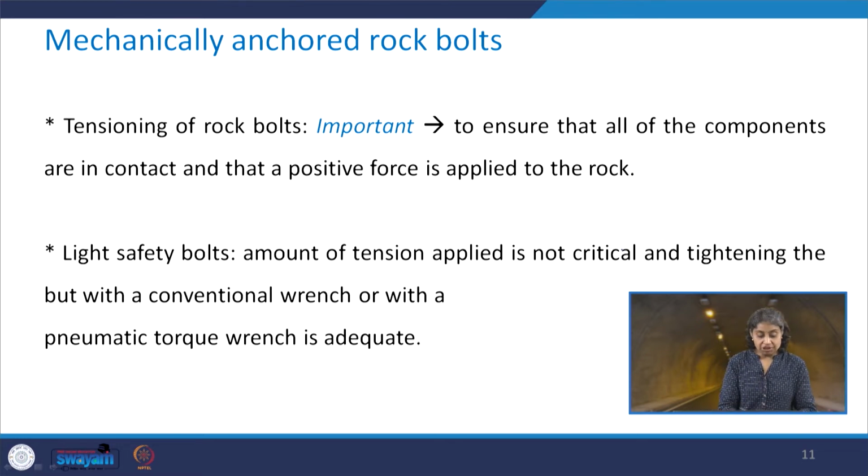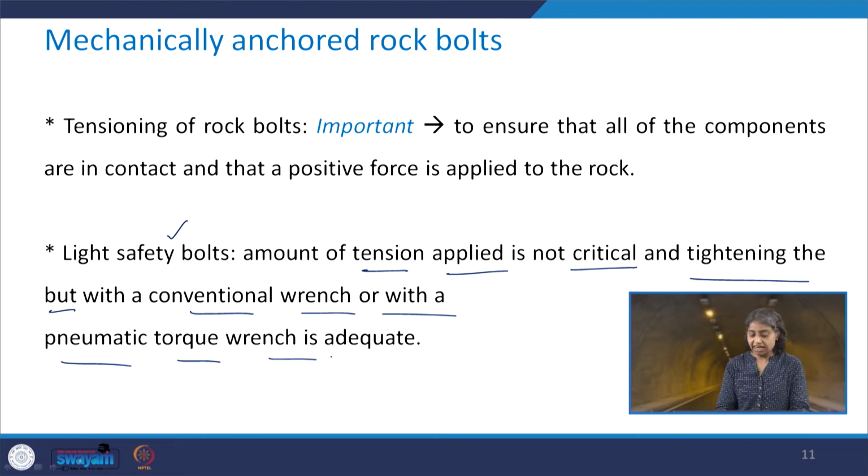Coming to light safety bolts, the amount of tension applied to such bolts is not very critical, and tightening the butt with a conventional wrench or with a pneumatic torque wrench is adequate in the case of light safety bolts.